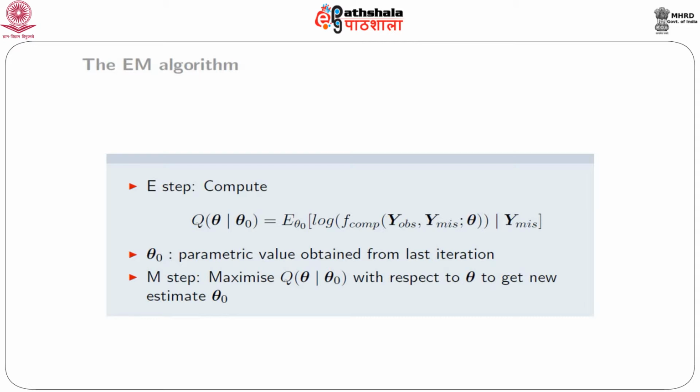Now, what do we do in the M step? We maximize Q of theta given theta naught with respect to theta to get the new estimates of theta naught. We put again the new estimates of theta naught in the E step and again do this M step until we converge to a value of theta.